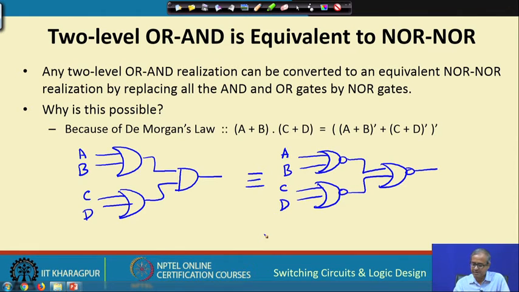Again this follows from DeMorgan's law, because if the function output is f, what is f? f will be A or B and C or D.